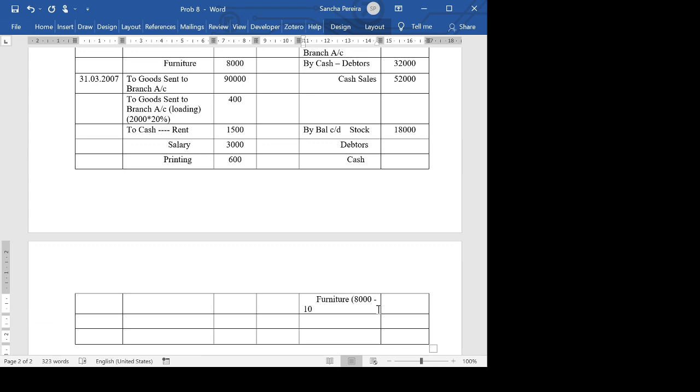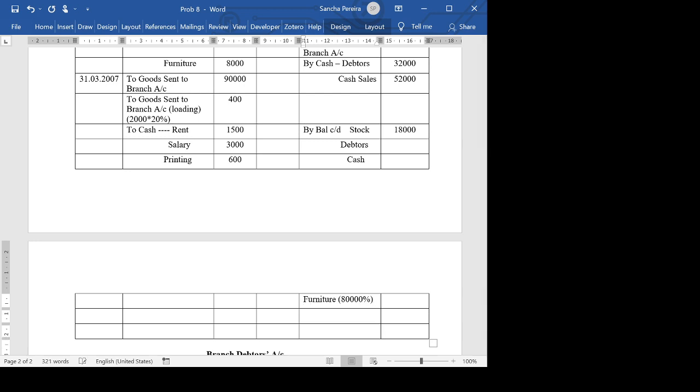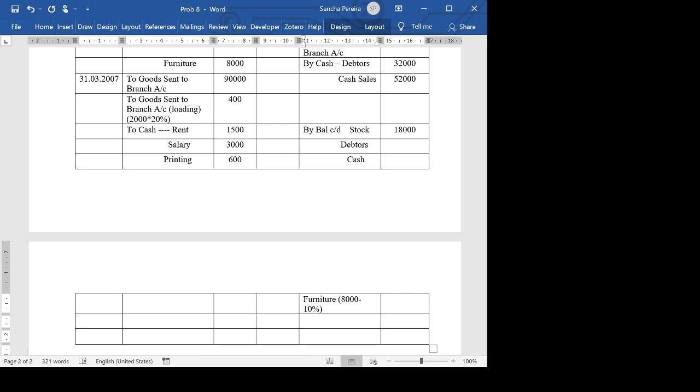So when we're showing the closing balance, we will show 8,000 minus the depreciation, which is 10% of 8,000, that is 800. So 8,000 minus 800 will be 7,200.